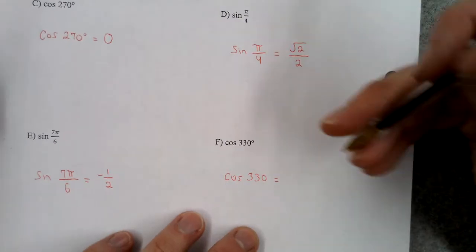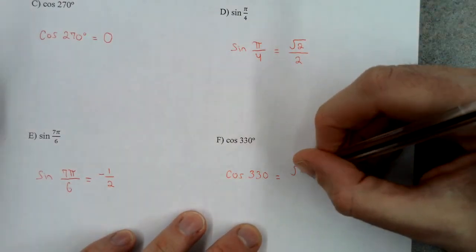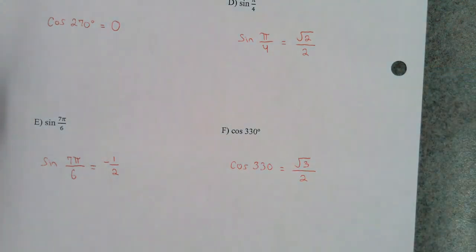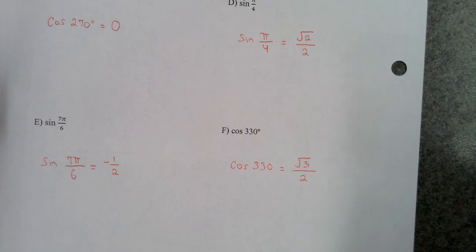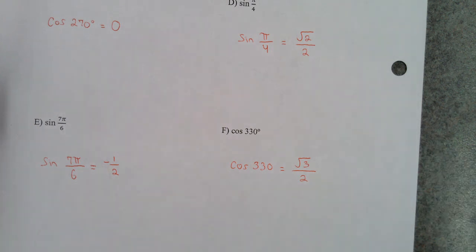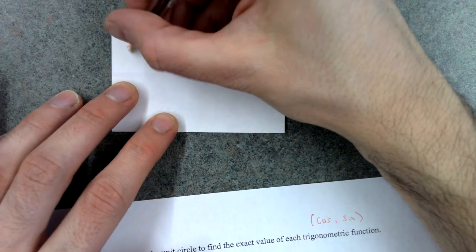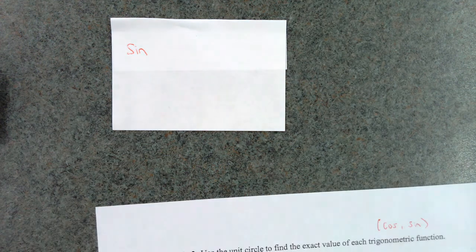The other thing I could do is suppose I said, what's the sine of 405 degrees? I'm just making up an extra problem.